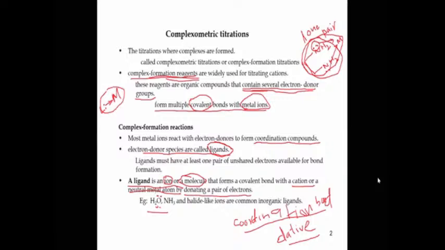And even ammonia has 1 lone pair of electrons. These are neutral ligands. Similarly, you can think of ionic ligands, anionic type, like chloride ion, which has 3 lone pairs, something like that. So they also can make coordination bonds with the metal ion.